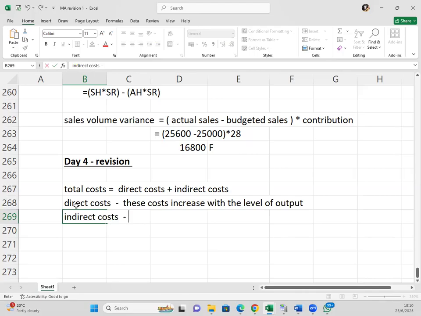You pay rent whether we have one student or 100 students. The rental is not dependent on the number of students. So that can be classified as an indirect cost or an overhead. Indirect costs or overheads are not dependent on the level of output.